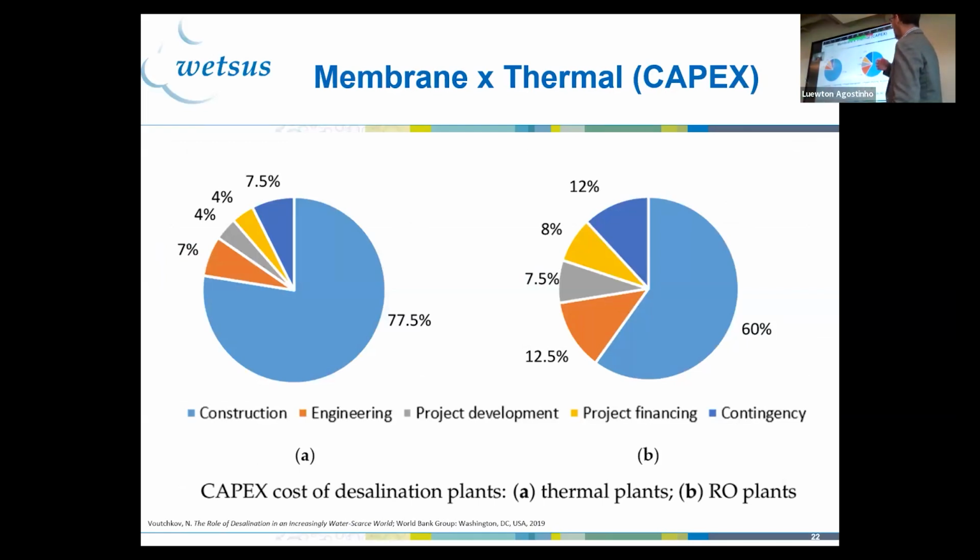And then coming back, when you compare membrane and thermal costs, do you guys know what CAPEX is? Yeah, the students, do you know what CAPEX is? No? Well, if you have a big water plant where you have a lot of different things, for example, you have your energy, you have your chemicals, you have people that you have to pay.